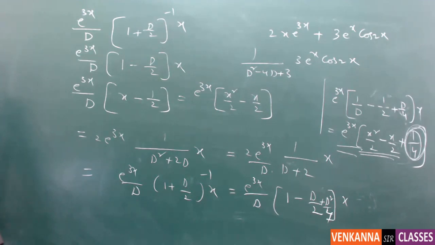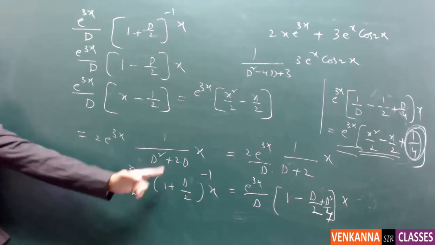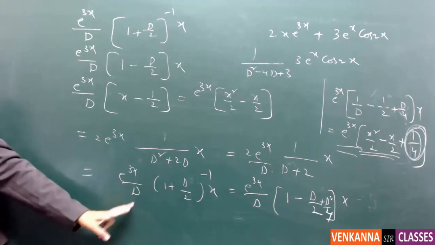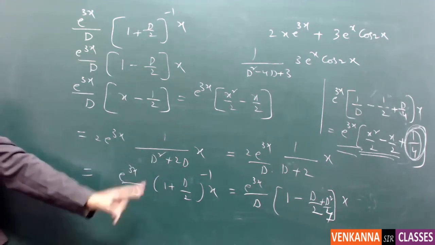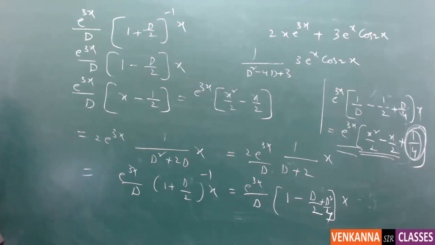So the standard procedure is that you calculate one more term, apply 1 by D, then only you simplify. So don't do the simplification first, then integration. First integrate the thing, then simplify.